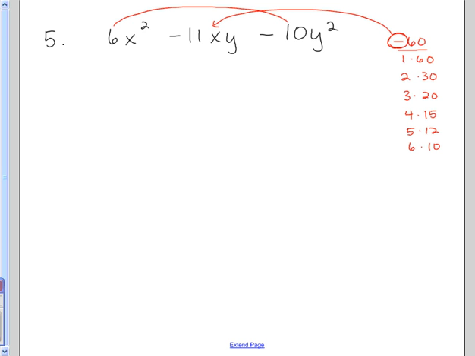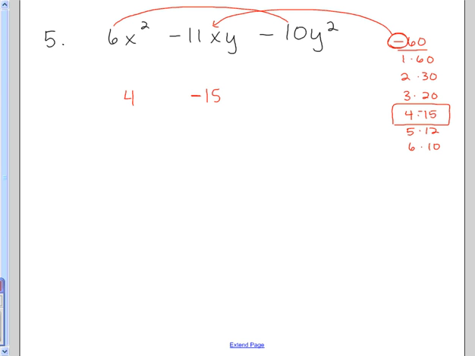As I look at my list, which two numbers would subtract to be negative 11? 4 and 15 would subtract to be 11, and 4 and 15, what about the signs? If I need it to be a negative 11, the 15 is going to have to be the negative number.